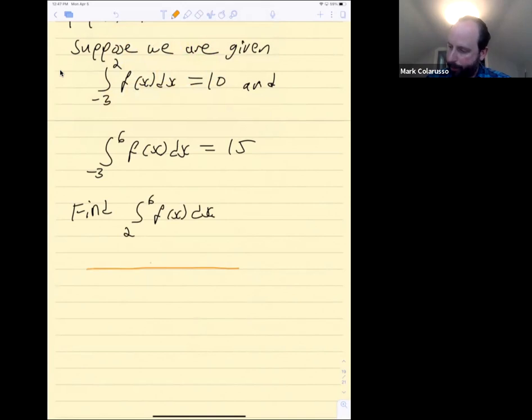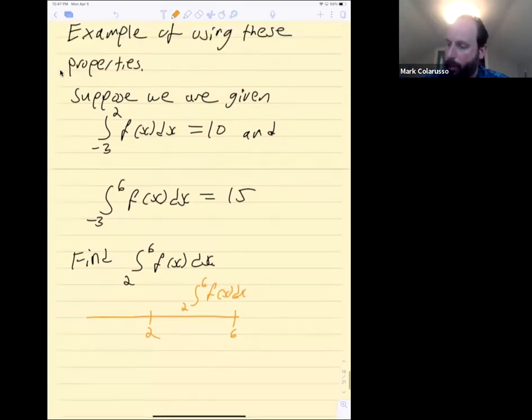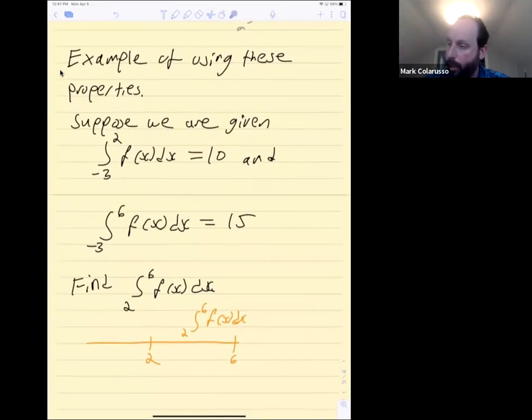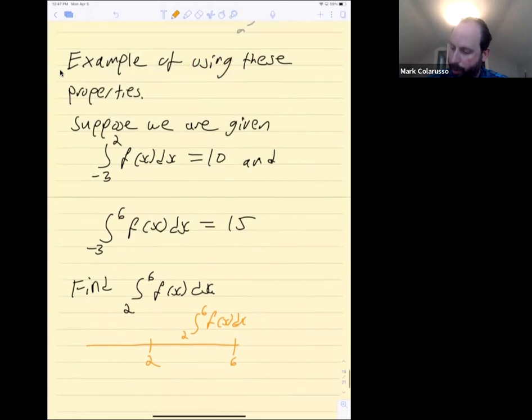So what we want is something from 2 to 6. We want this integral from 2 to 6 here. And we know something about the integral from -3 to 6. So we know everything going out to -3.